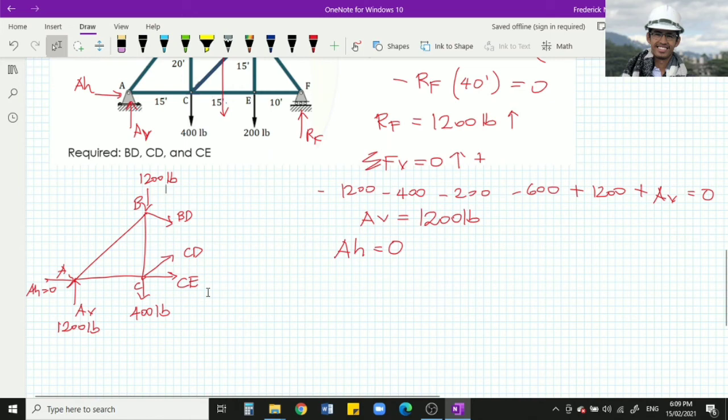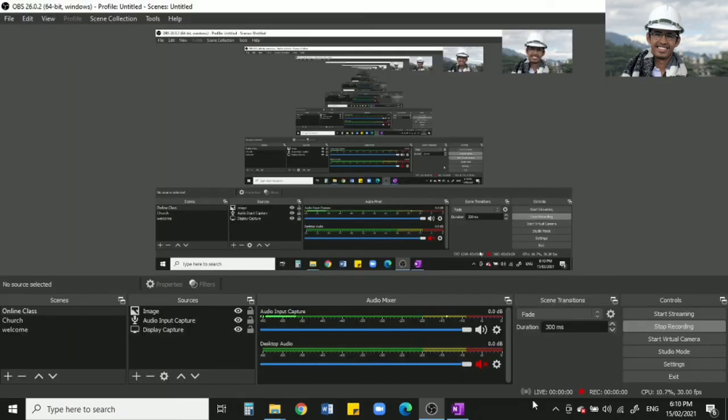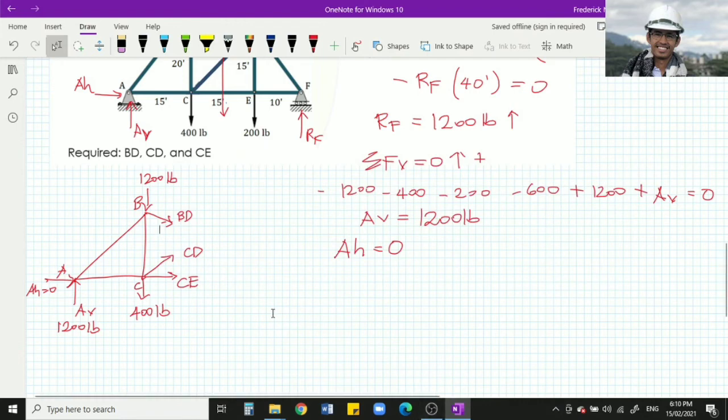So, we can use yung equilibrium equations natin. Either summation of moment at any point is equal to 0 or summation forces vertical and summation forces horizontal. Okay? So, ano yung pwedeng makuha na natin kaagad dito? So, yung force ng BD. No? By summation moment at C, makukuha natin yung force BD. Okay? Tama ba?